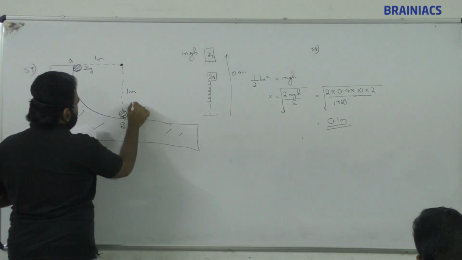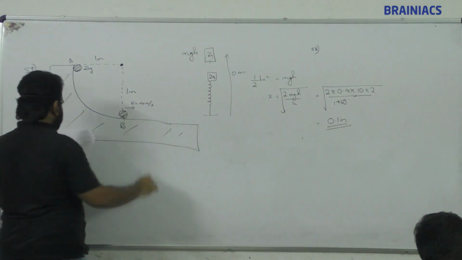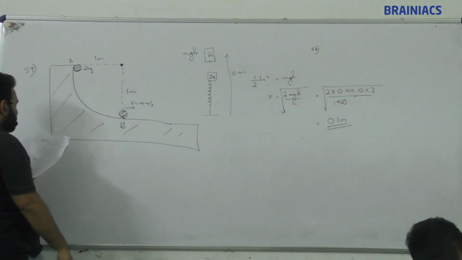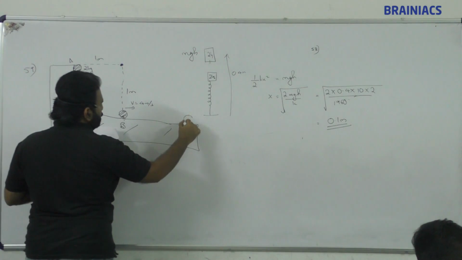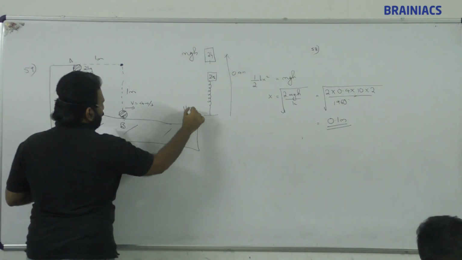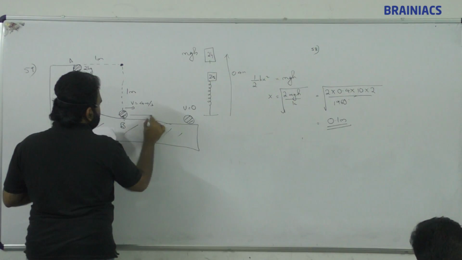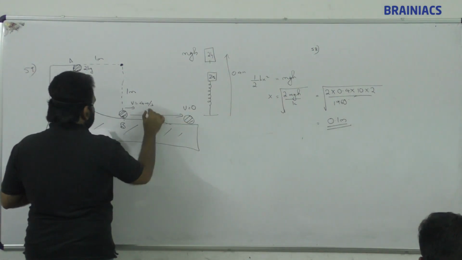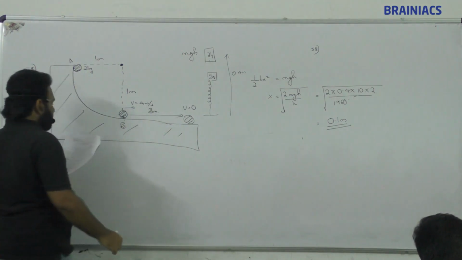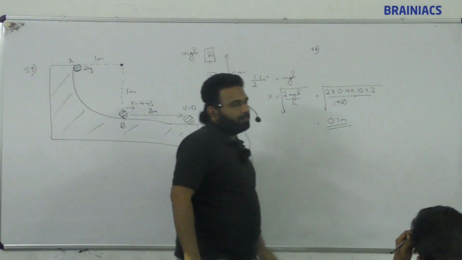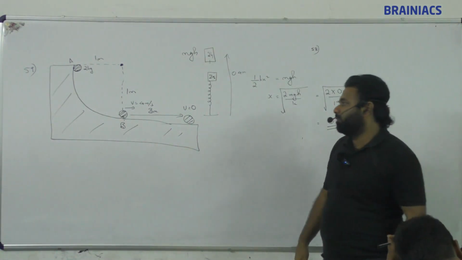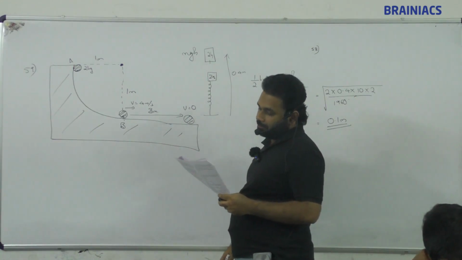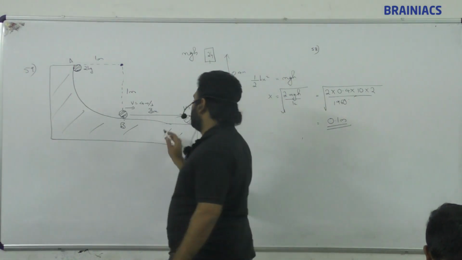Finally it stops at C, let this be C. So here the velocity is 0. This distance is given as 3 meter. So it stops by itself. What they are asking is, the work done against the force of friction.